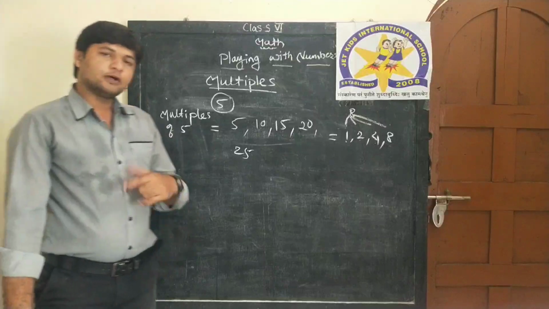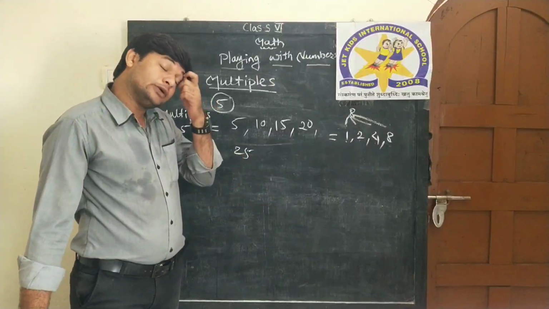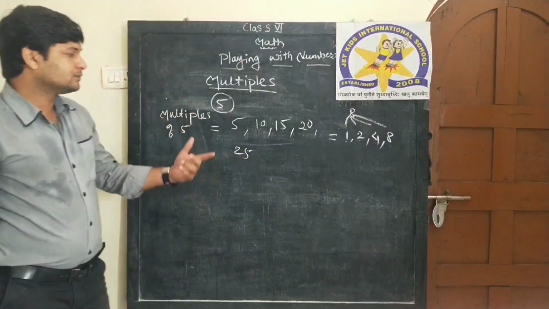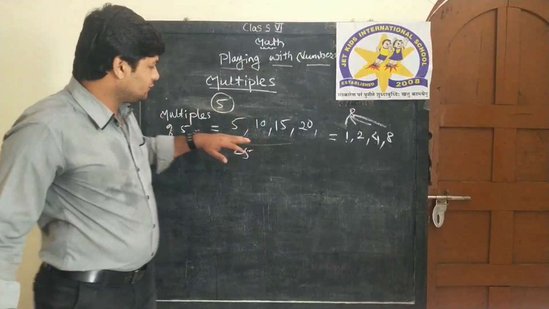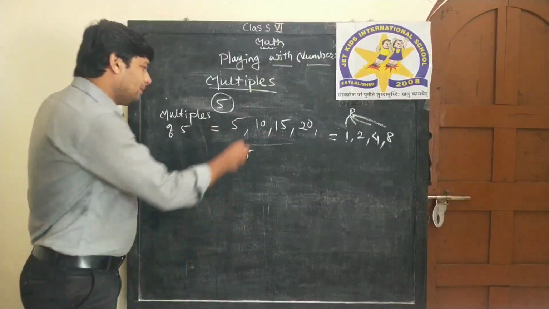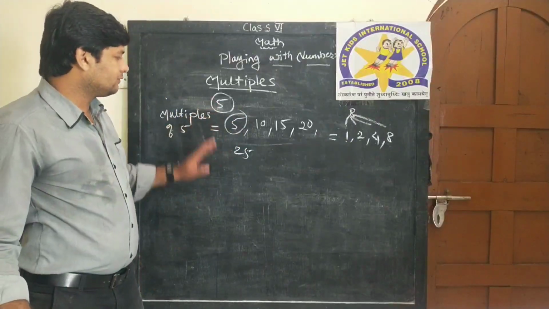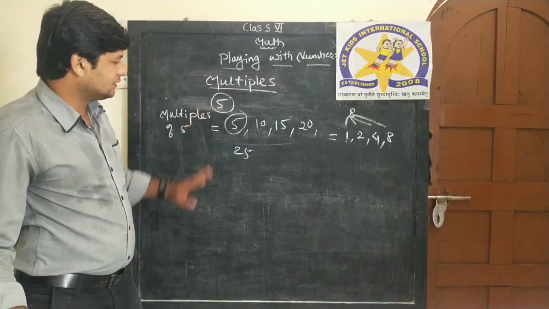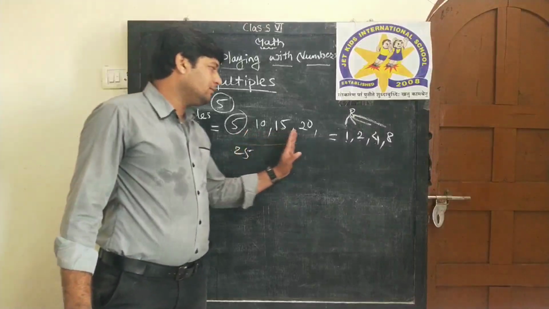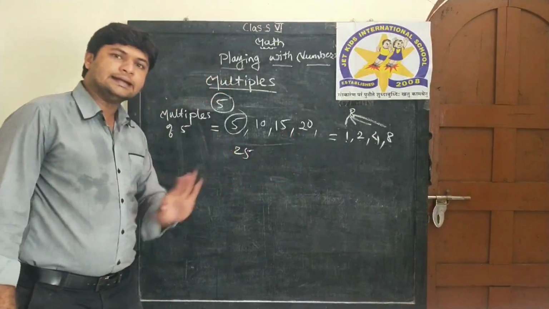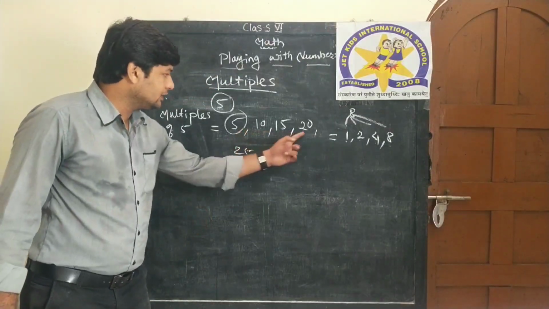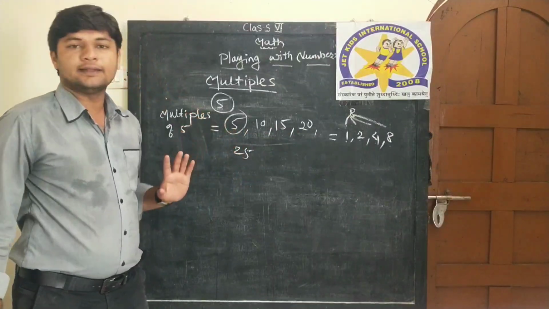Now, time for observation. What can you observe, as we observed in the case of factors? The number itself will be a multiple of that number. And each and every multiple will always be greater than or equal to that number.